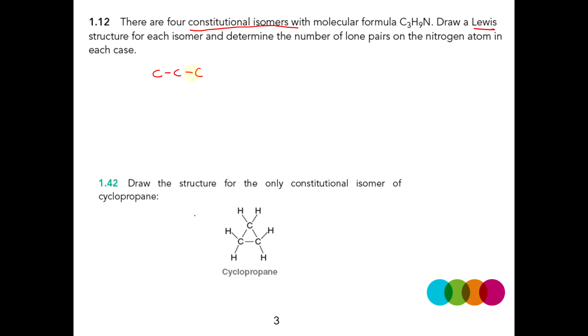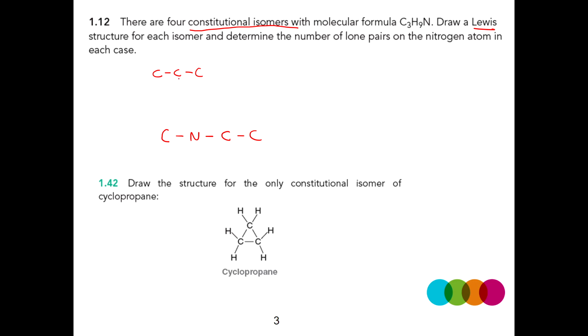I could connect them in a row. I could connect them with the nitrogen in between. That might create a different structure. Right? So if I'm looking at constitutional isomers, I want to think about all the possible ways that these atoms could be connected differently that would lead to something stable.